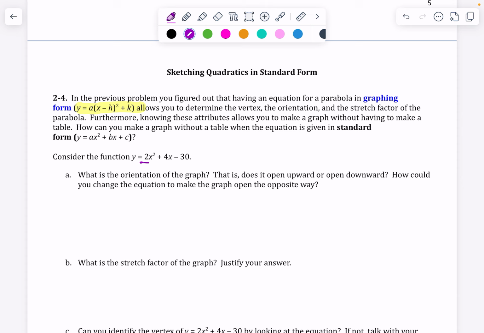So it's very, very similar to how we did graphing form. We're looking at the number at the very front, and that's really the number before our x squared. So since this number before our x squared is positive, our graph is going to open up. So it opens up because that 2 is positive.